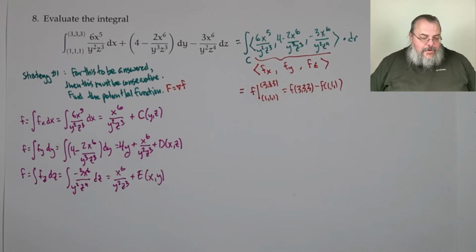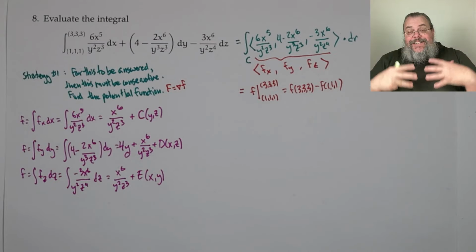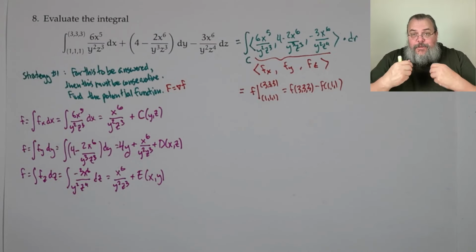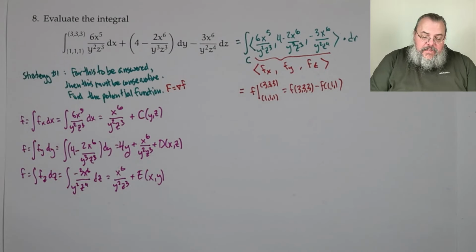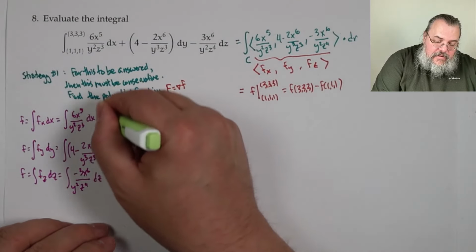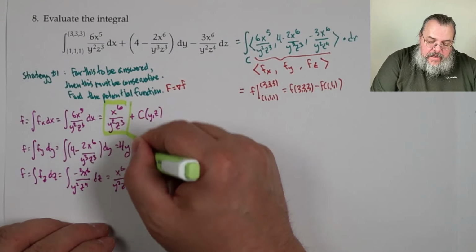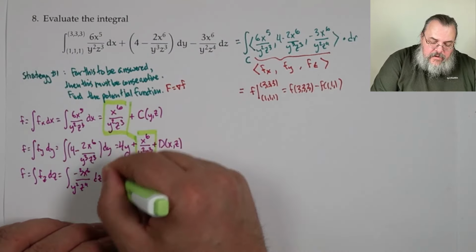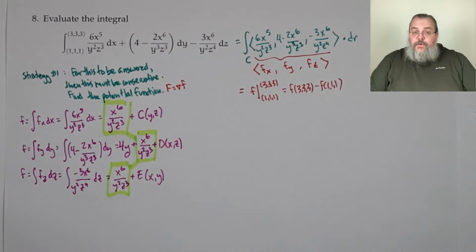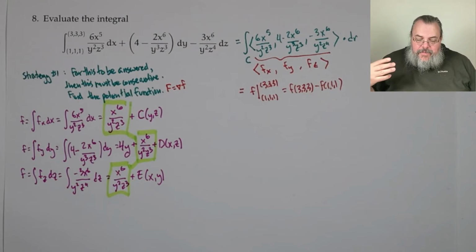All right, so we are now ready to say, let's look at our pieces. Well, you need to get consistency. So anything with multiple variables has to be consistent. Now, the good news is they all have x to the 6 over y squared z cubed. Cool. And then you say, okay, plus any other pieces.